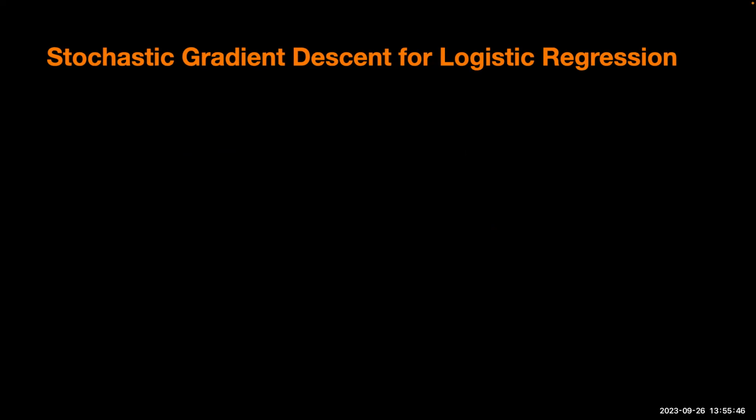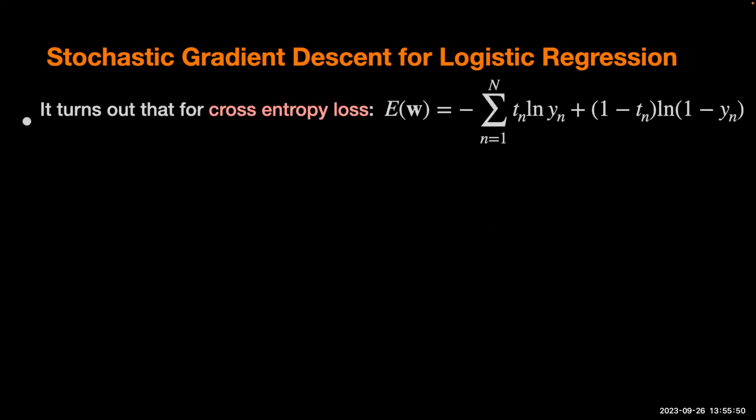And for logistic regression, this also has an added benefit. Remember, this is the objective function that we try to optimize. If I want to do gradient descent, by definition, I need the gradient. Luckily for this loss function, the gradient is actually analytic.